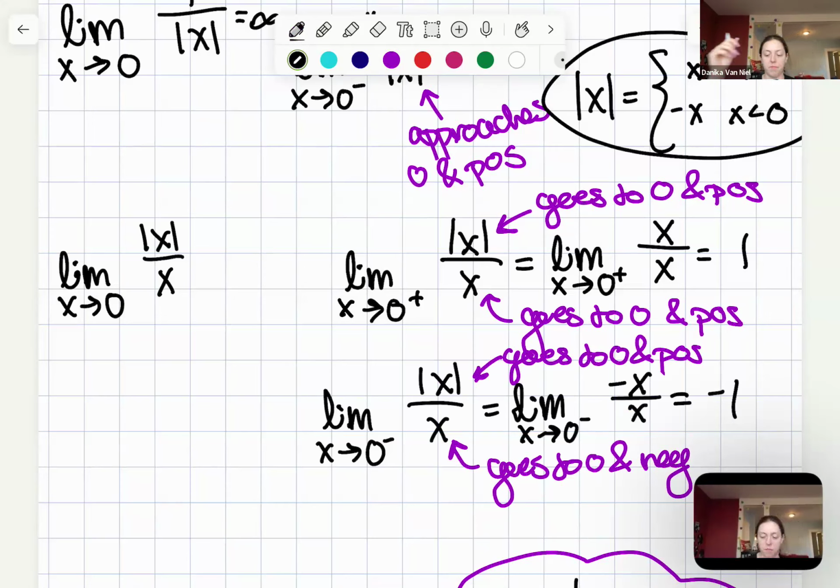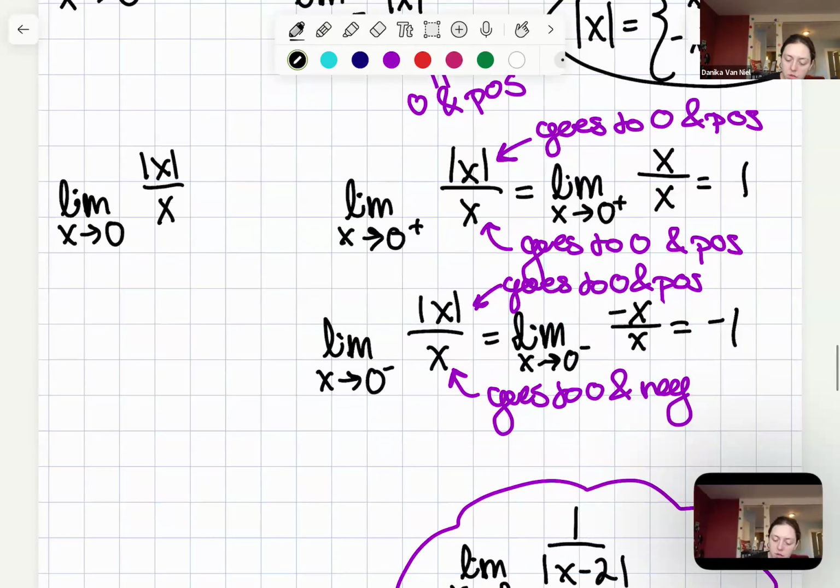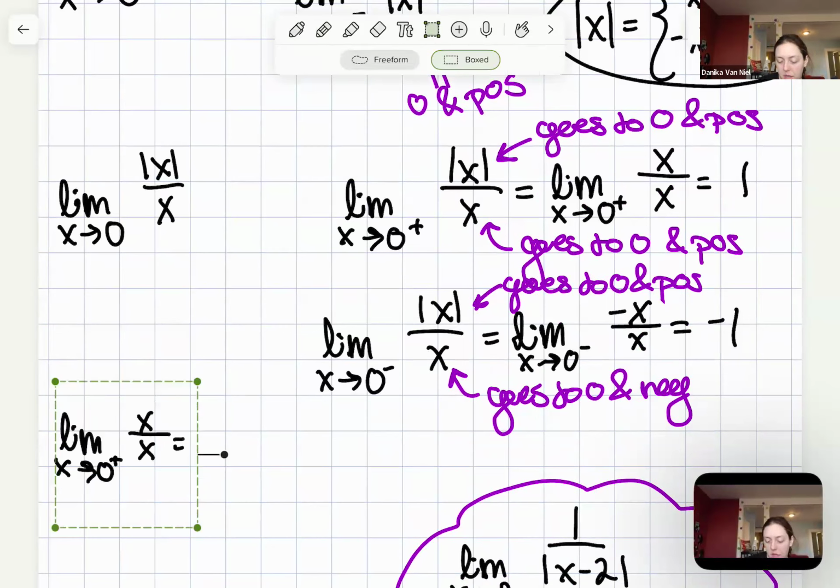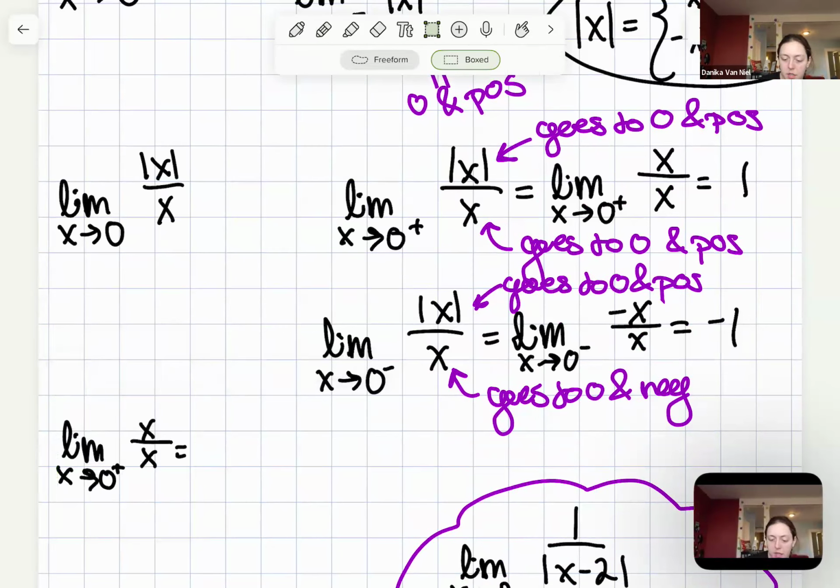So I get -1. And remember, I'm canceling, I guess I'm skipping a step, sorry. So once I have the limit, you can skip this step, that's fine with me, but maybe I should write it out because we're just learning this for the first time. It's probably a good teaching technique.